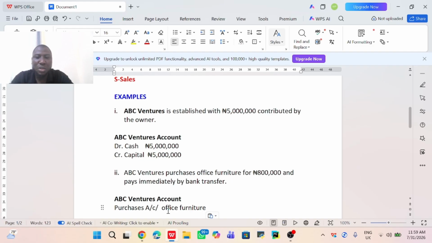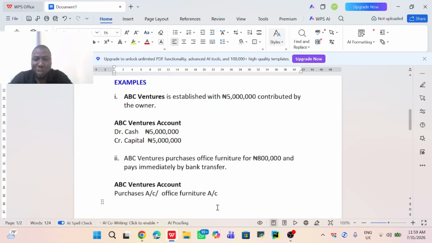But some people will tell you that once the name of the asset is mentioned, the account should be the name of the asset, but you can use any of the two, right? And another account that you should consider is your bank account. We should write account here too. So it is your bank account.